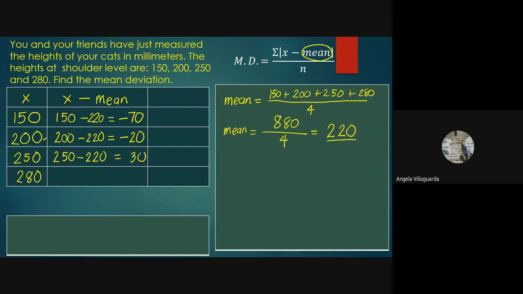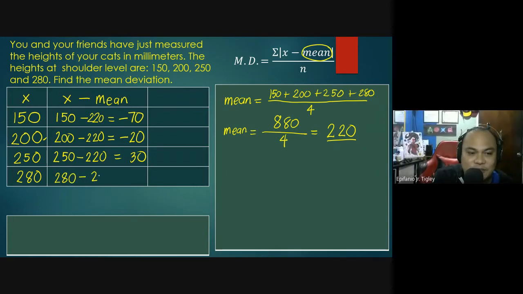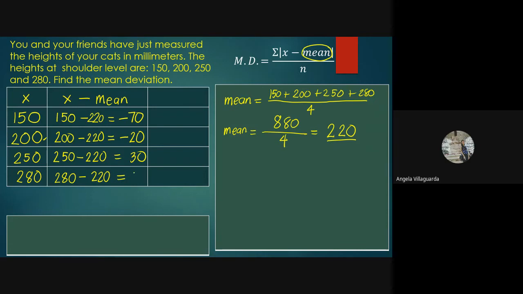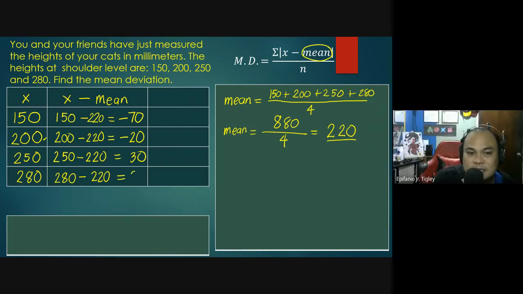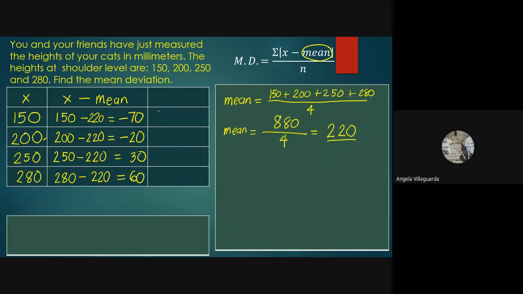Next, 280 minus 220. That will give you how much? 60. Okay, the next step is this.